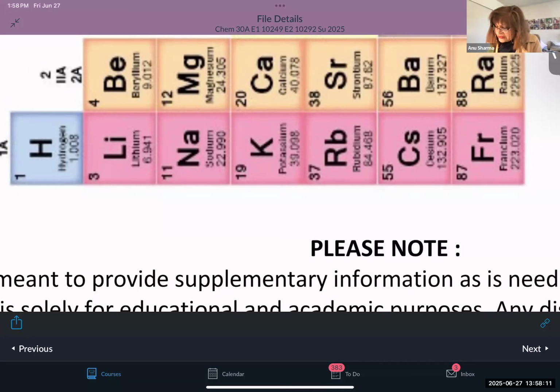So lithium would be 2s1, beryllium is 2s2, sodium is 3s1, magnesium is 3s2, potassium is 4s1, calcium is 4s2, and so forth. Okay, so that's one piece.